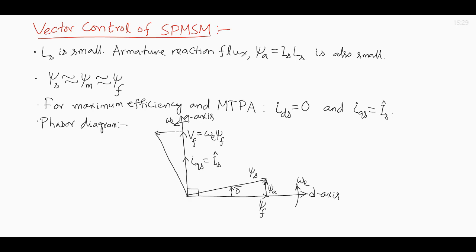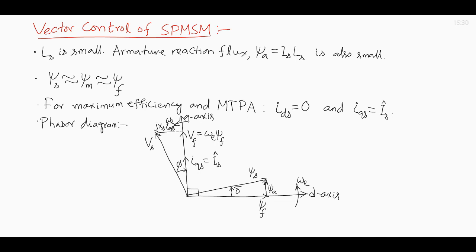So, the stator reaction induced EMF, that is jXS into IQS, is perpendicular to IQS, and Vf or E plus jXS IQS is the stator applied voltage Vs, and because current is along the Q axis, this is the power factor angle phi between Vs and Vf.